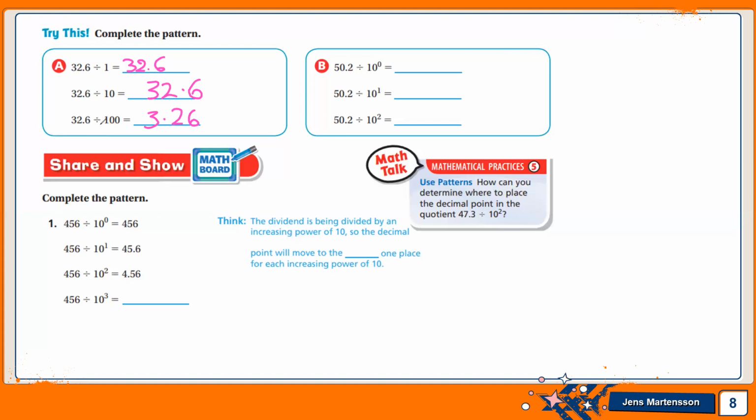Because here we have it as divided by 100, so we have to move it only 2 digits. Just a minute. Here I did something wrong. Here it has to be here. Just a minute, sorry. And here it will be 0.326.